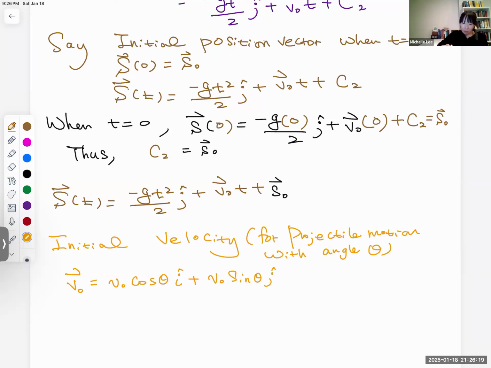Okay, so be aware of that. This is a vector and this is a number, right? And this is also a number, V naught. Oh, it's not. I'm sorry. Is it a vector? Okay, let's move on.